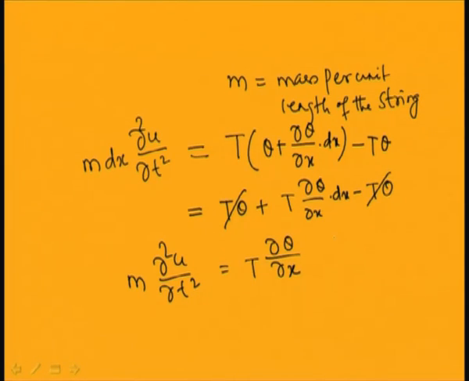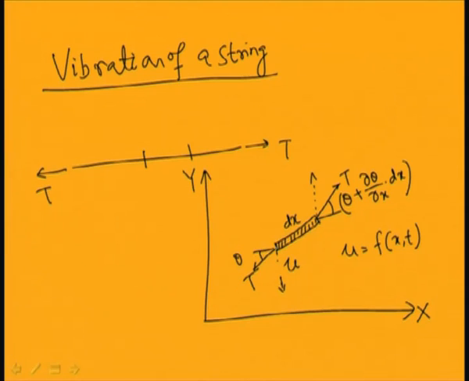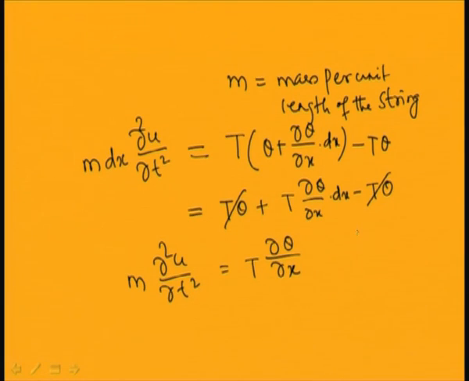But what is this? The slope at this point is nothing but the differential of this deflection at that point. So, deflection is u. So, the slope theta I can write is equal to del u by del x.